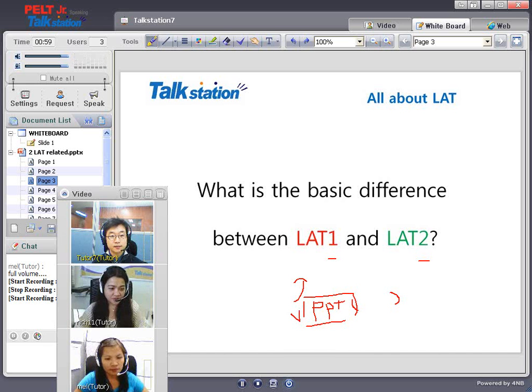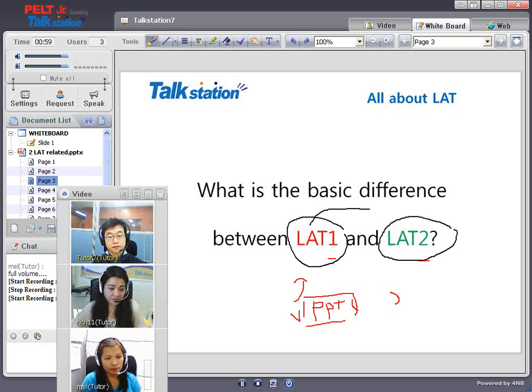Now, one more thing, sir. Additional information for the first LAT: the teacher has to focus more on the age of the student, so that the teacher knows what PPT to use. And for the second LAT, the teacher has to focus more on the book recommended by the first teacher.